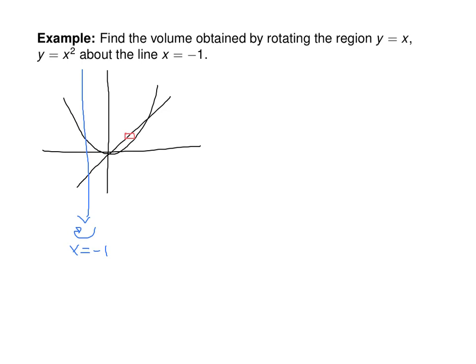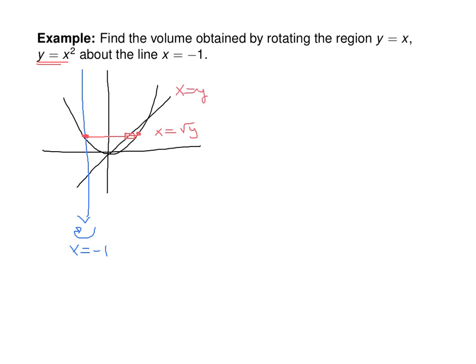The outer radius is the distance from my axis of rotation out to my curve. Now, much like the example that involved ln of x, I'm going to have to also solve this equation for x. Pretty simple though. That is x equals square root of y. And the other one will be just x equals y.